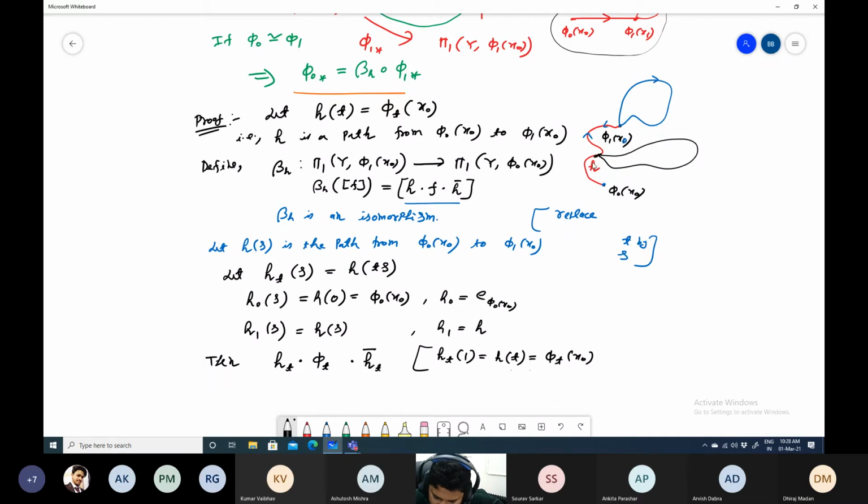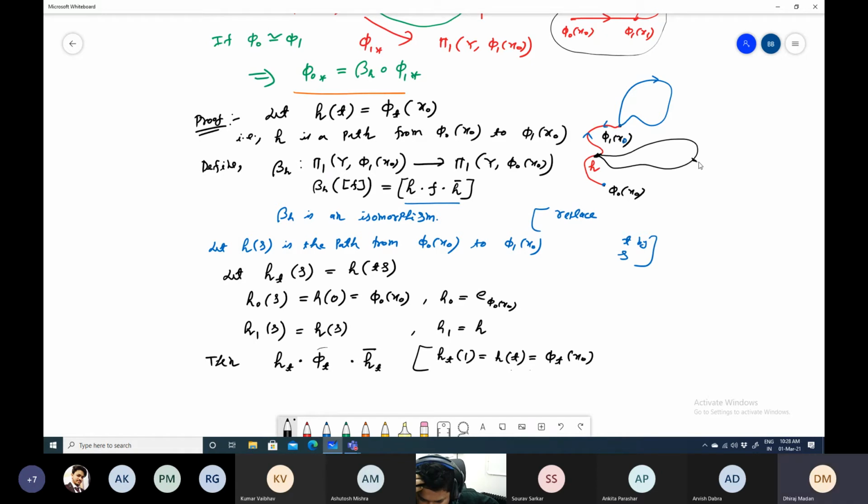So h t 1 should be phi t x0. Now that is fine. Okay, fine. Now here we need a function that should be phi t of what? Now we need this loop actually. So what is that loop?